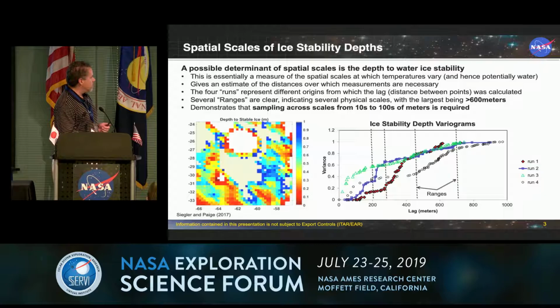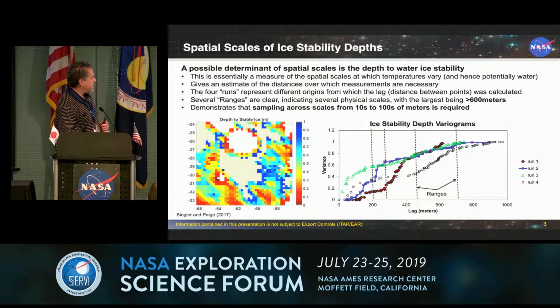What I'm showing here are several variograms. Basically, the variance is a function of lag, or distance from the origin where you started the measurement, for depth to stable ice data. This is 20-meter depths to stable ice modeling that Matt Siegler and Dave Page provided to us. It shows where the autocorrelation ends, which is called the sill, where you roll over.